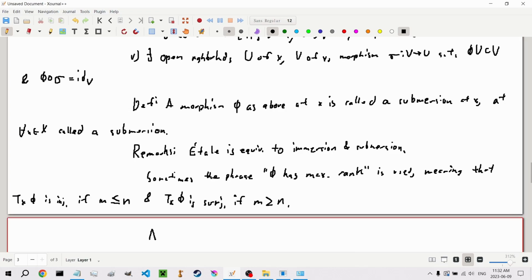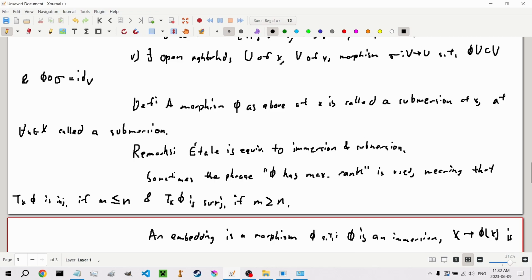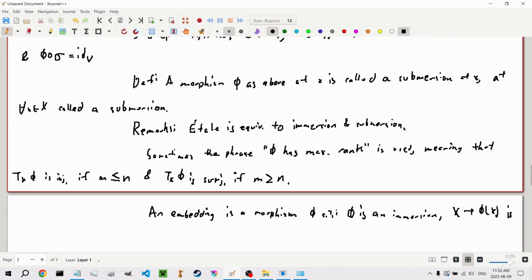Third, we have an embedding. It is a morphism phi such that phi is an immersion and the map from X to phi of X is a homeomorphism. And that's it.